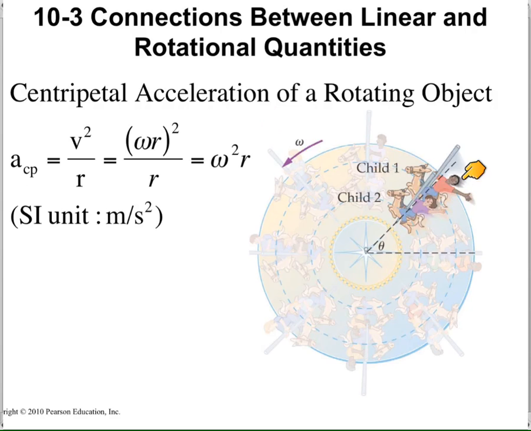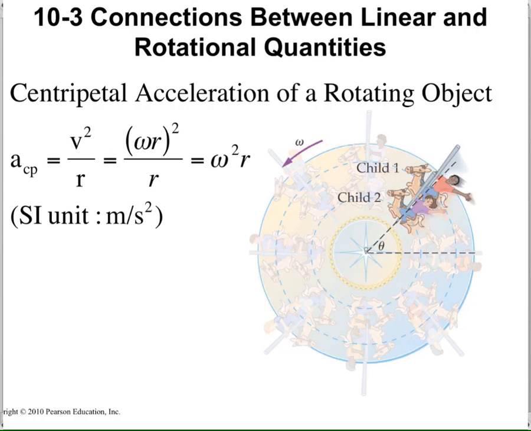For example, you see two children here. One is closer to the center, and the other one is on the rim. If they both move together on this platform, which one has a larger centripetal acceleration? The red one, right? Because r for him is larger.